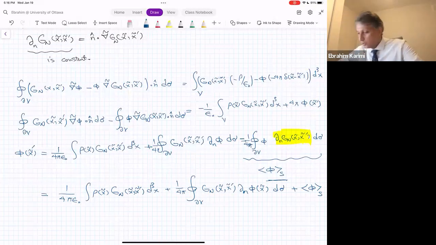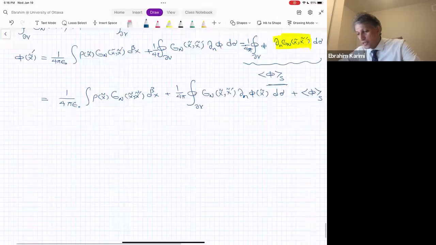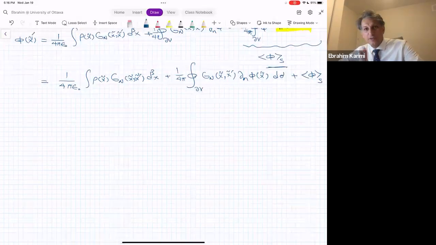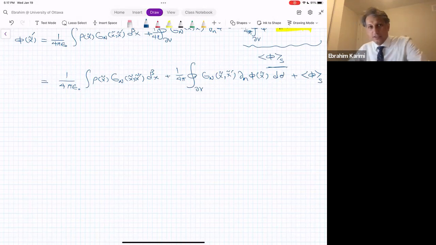Good. Now, since I will be using it, I use the property of the Green function. I will swap x and x prime, and then let's write the expression.